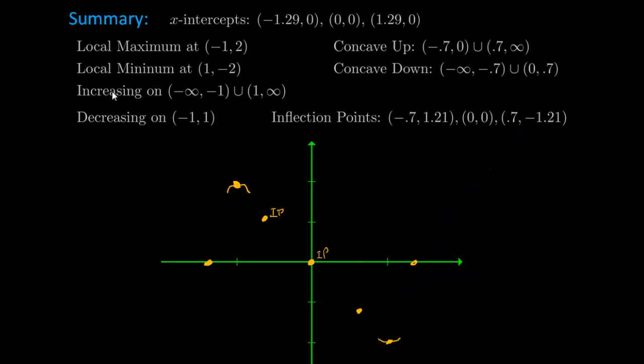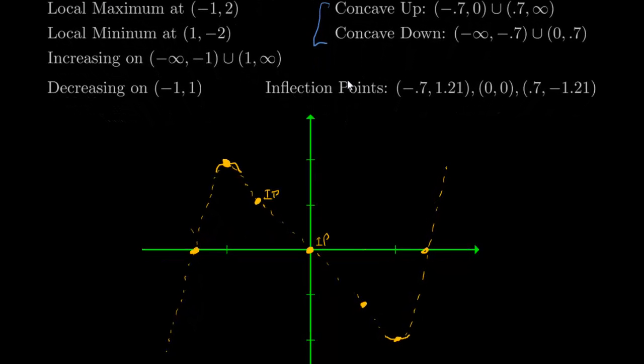Okay, now the increasing, decreasing part. We've already kind of done this in another video, where you're just connecting the dots, which is what I'm doing here. And that's really what my graph is going to look like. It's just now, how is it going to curve? I'm going to connect the dots, but now with the concavity, because concavity is how I'm going to be connecting dots.